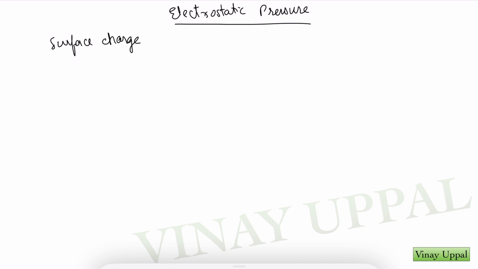Now let's talk about electrostatic pressure. So suppose I have a surface charge, and just above it the electric field is E1, and just below it the electric field is E2.